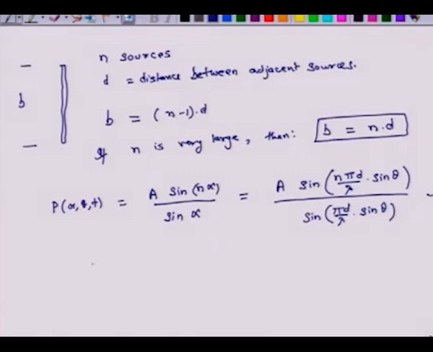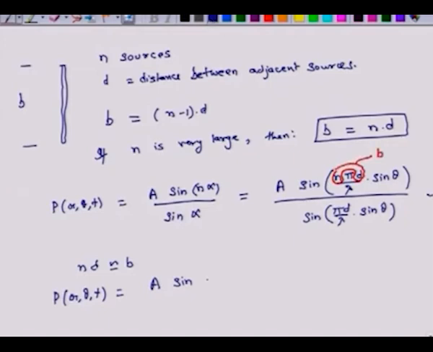Now, we know that n d approximates b, especially if n is very large. So, then my expression for P(r, theta) becomes A times sin, and n times d equals b.